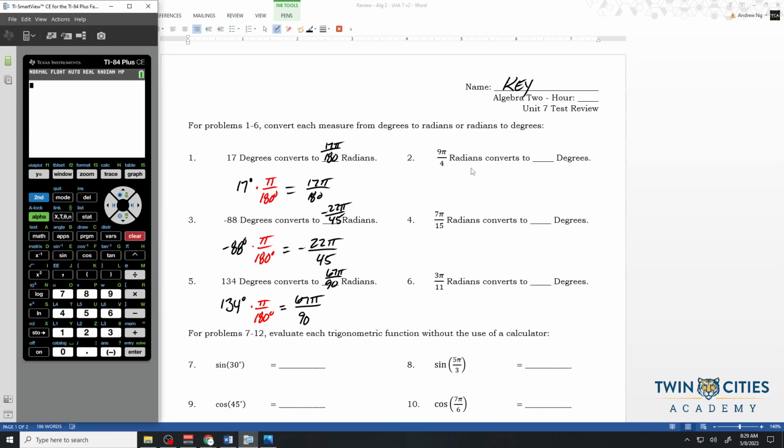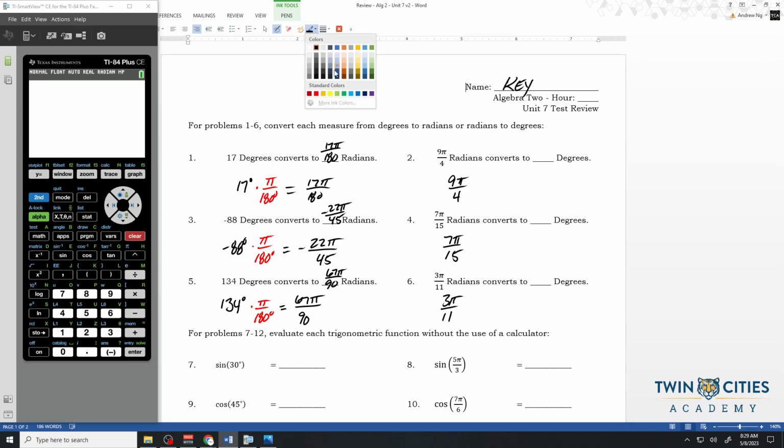Okay, then to go from radians to degrees, we're going to do something very similar. Let's write out what we have. This will be 9 pi over 4, 7 pi over 15, and 3 pi over 11.